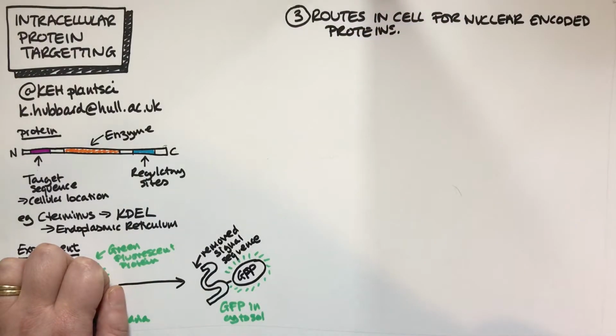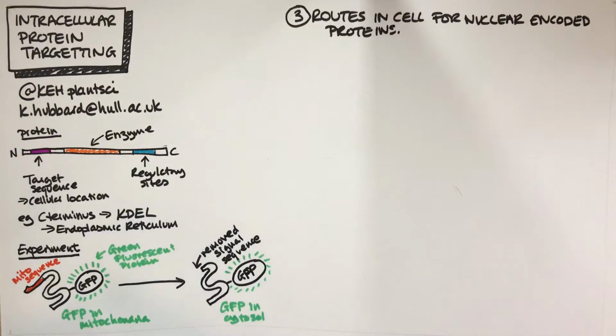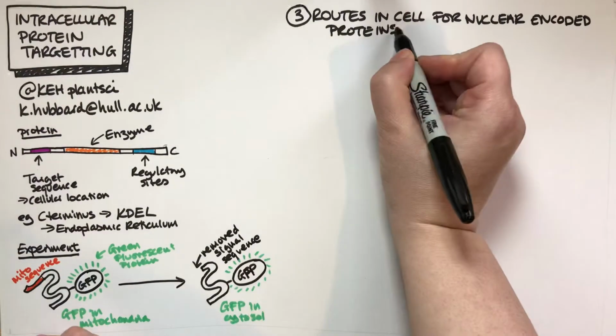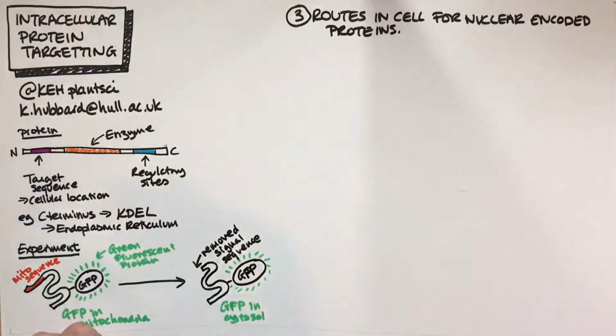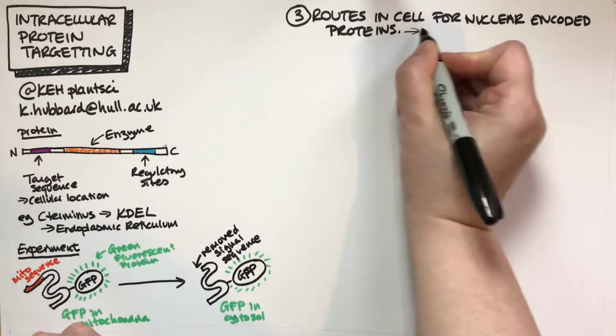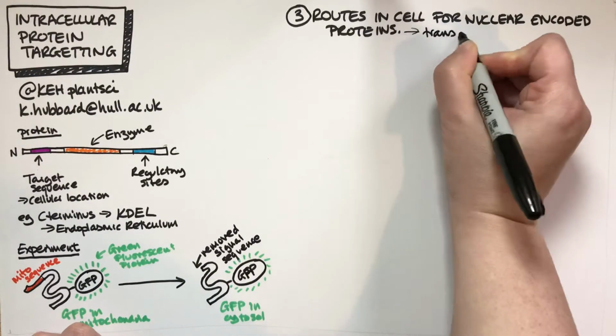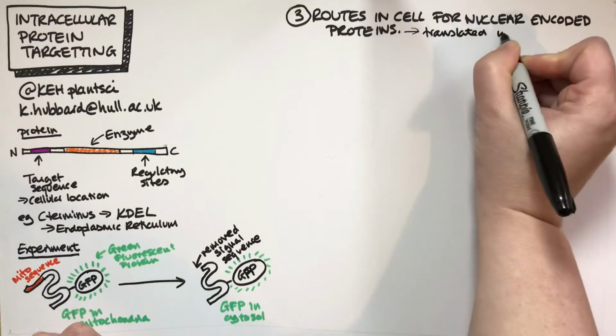mitochondria and the chloroplast have genes of their own. So genes that are expressed in the mitochondria or the chloroplast, they will stay in the mitochondria or the chloroplast. What we're talking about is the genes that are in the nucleus, which are translated in the cytosol.